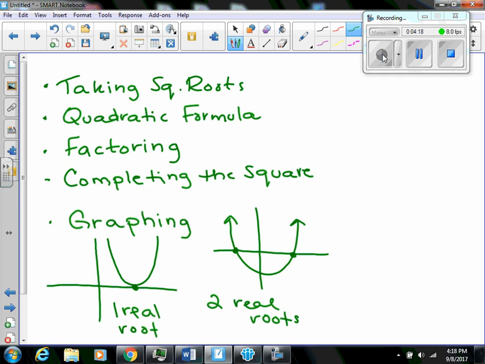And then you have the last case, something like this, where your parabola never crosses the x-axis at all. If I extended the sides of this parabola, it's never going to cross the x-axis. In this case, there are no real roots, so you would end up with two imaginary roots.